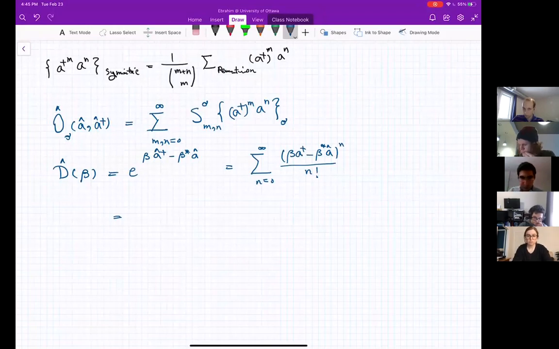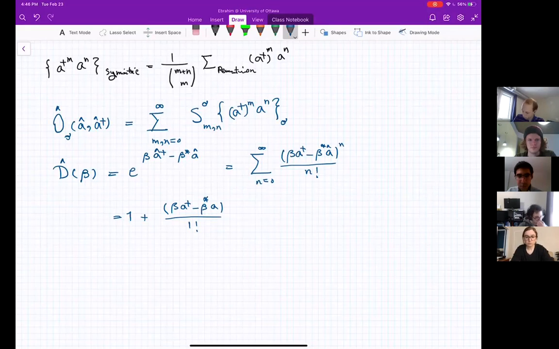So the first one will be power of 0, which is 1. The second one is power of 1, which is beta A dagger minus beta star A divided by 1 factorial. Is that symmetric? Yes, it is symmetric. I don't care about beta and beta star.